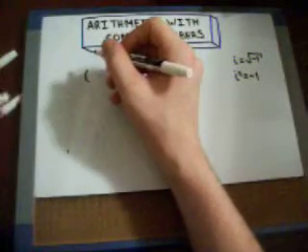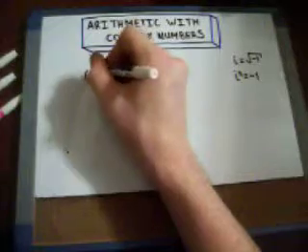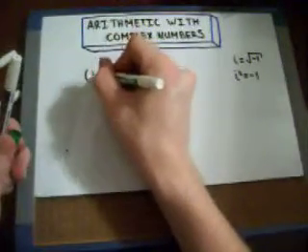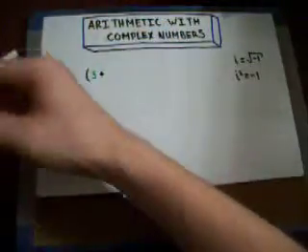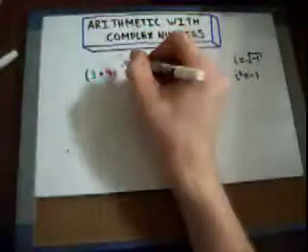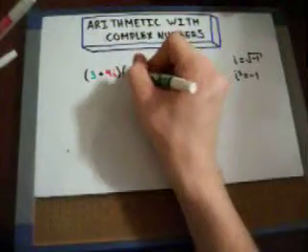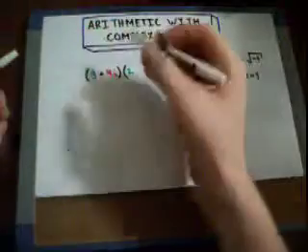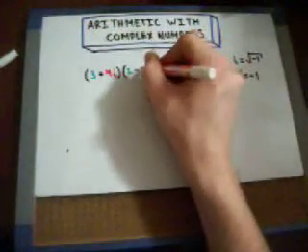Actually, I will color code. So what if I wanted to multiply 3 plus 4i times, gosh, I don't know, 2 minus 2i.